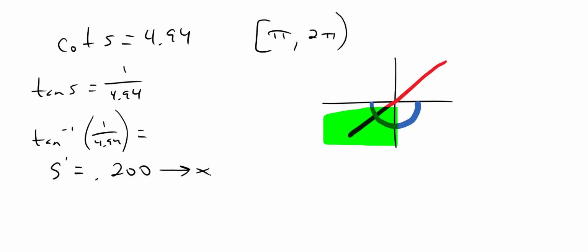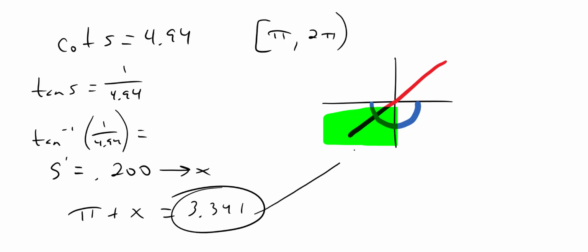Okay, either store it in X or you can just do pi plus that. So I can say pi plus answer or pi plus X, which gives us 3.341. And that's your answer. And think about it. Right, this is pi, this is 3.14, so it's a little bit more than that, so 3.341.